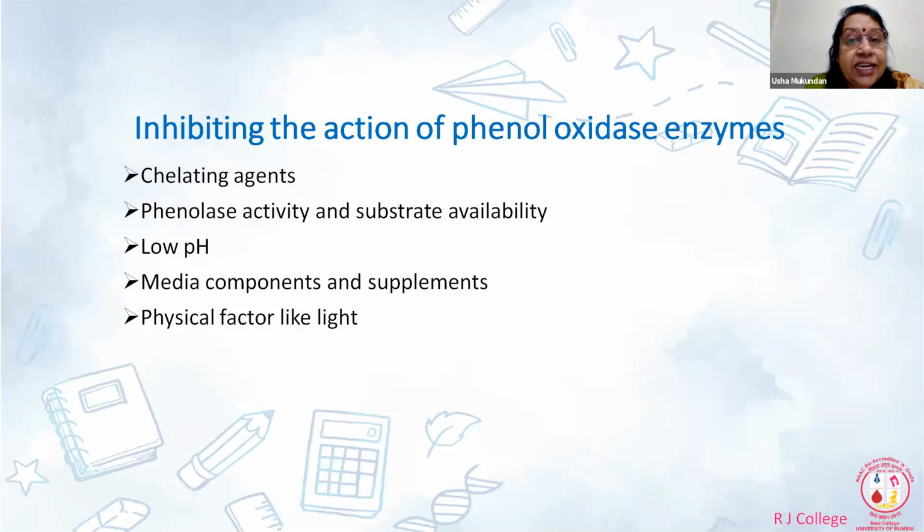So when you add EDTA, these chelating agents will take care of the substrate not being available to the enzyme, and as a result, the enzyme activity will be inhibited. So when you add chelating agents or increase slightly the concentration of iron EDTA, ensuring that there is no toxicity of iron, then you can decrease the activity of the enzyme phenol oxidases.